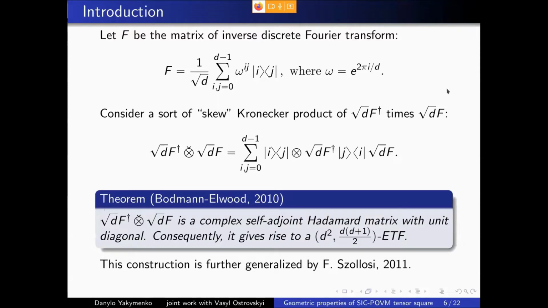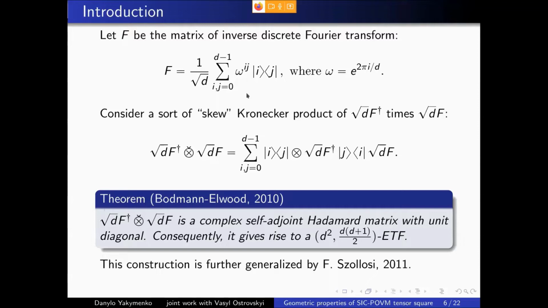And one more thing about the Hadamard matrices. Let's take the Fourier transform matrix. Without this factor, it is a well-known Hadamard matrix that exists in every dimension.